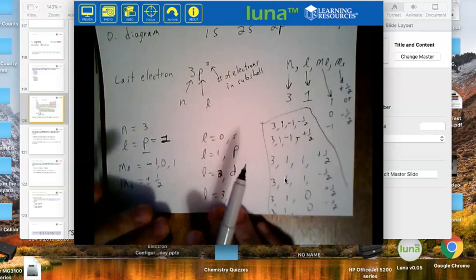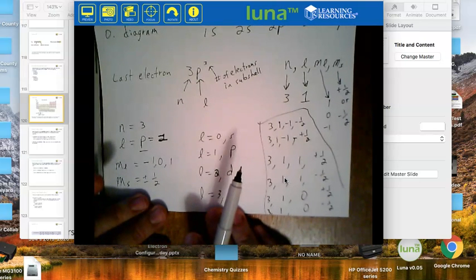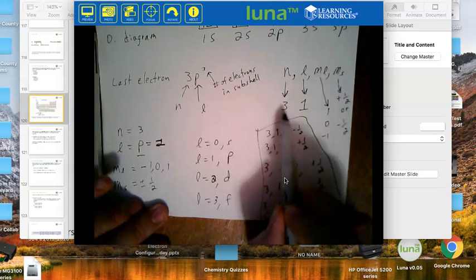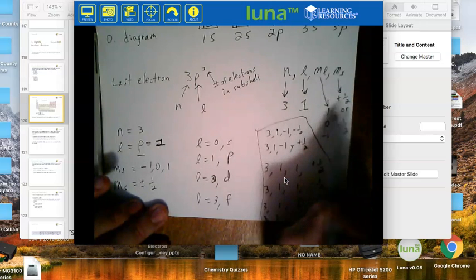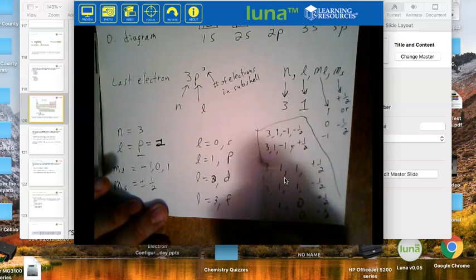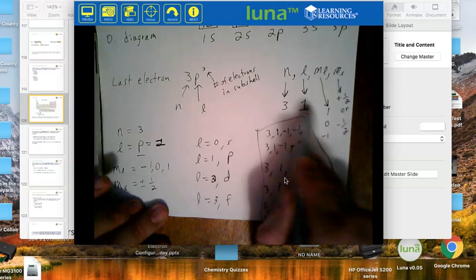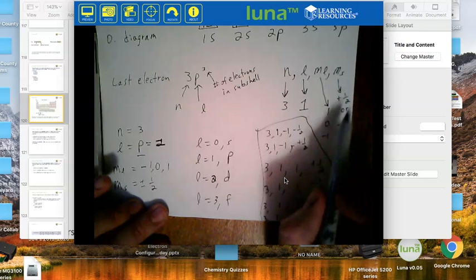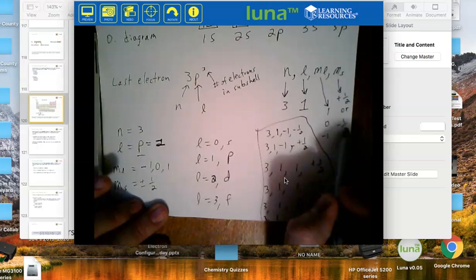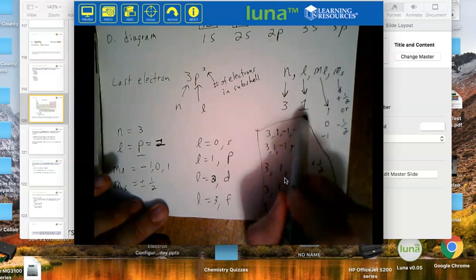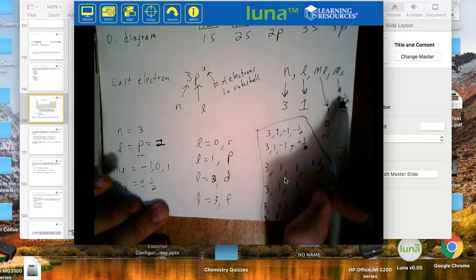If we really wanted to write out all the possibilities for the answer, it could be 3, 1, 1, positive 1/2, or 3, 1, 0, negative 1/2, or 3, 1, negative 1, positive 1/2.